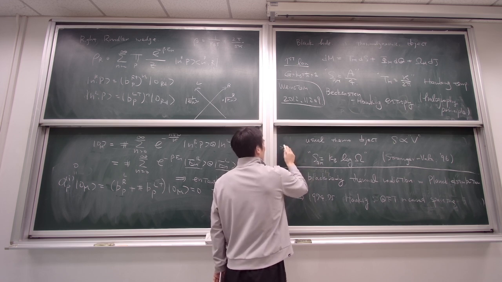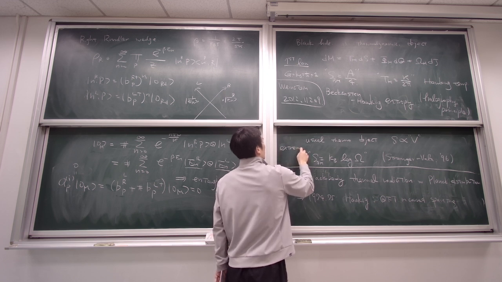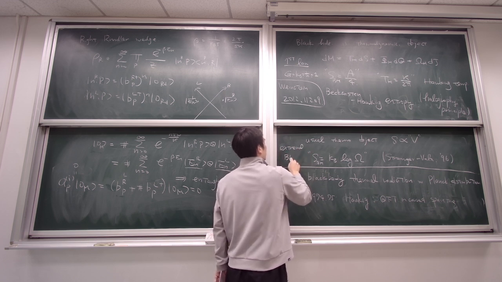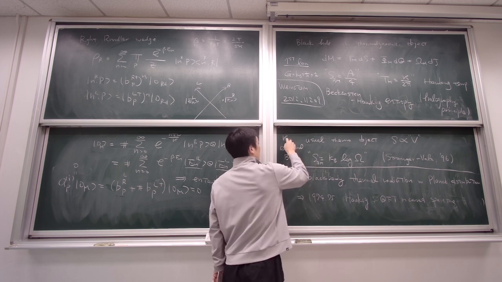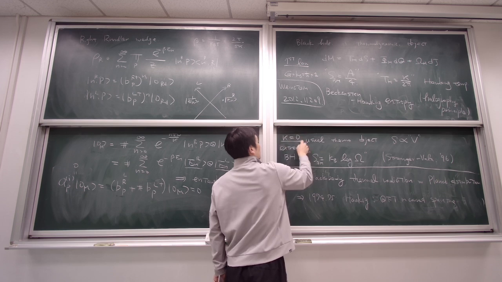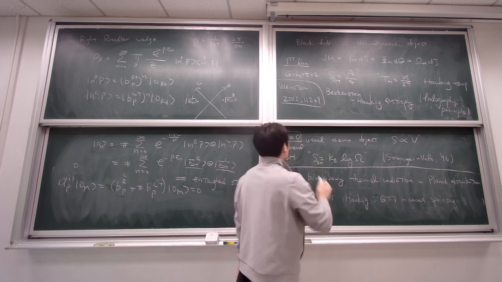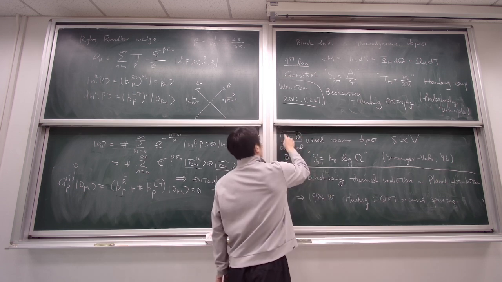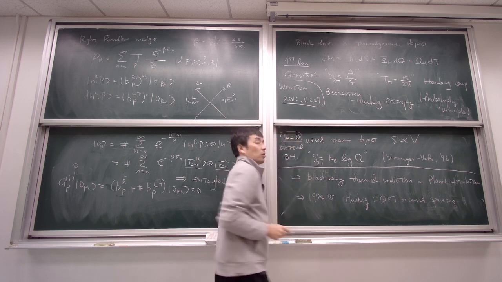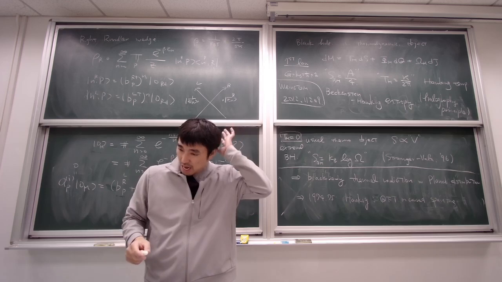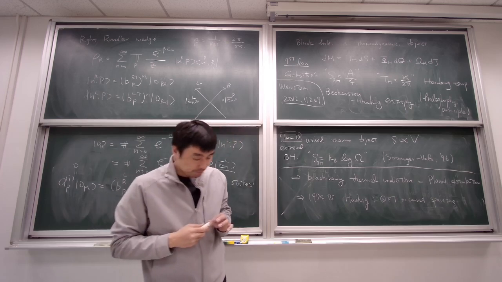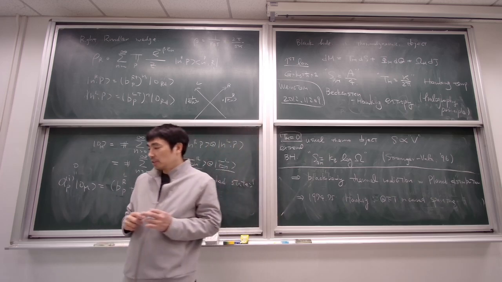For an extremal black hole the surface gravity is 0, so therefore the Hawking temperature is 0.